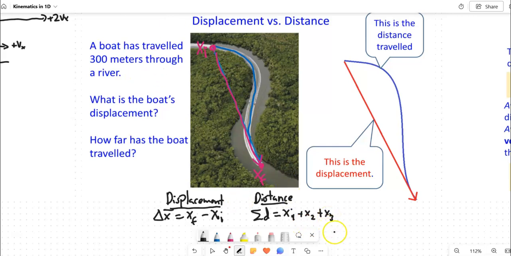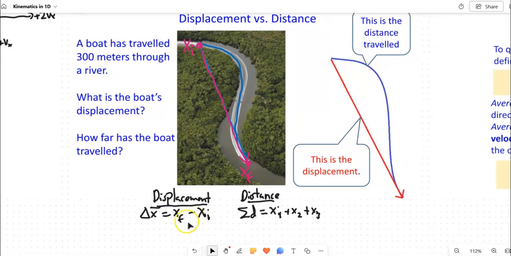Okay, and distance traveled, just like your odometer, doesn't have a direction. Okay, my car has like 100,000 miles on it. So that is its distance traveled. Okay, so that's how far my car has traveled.